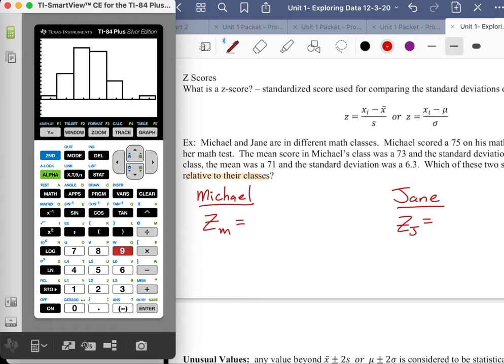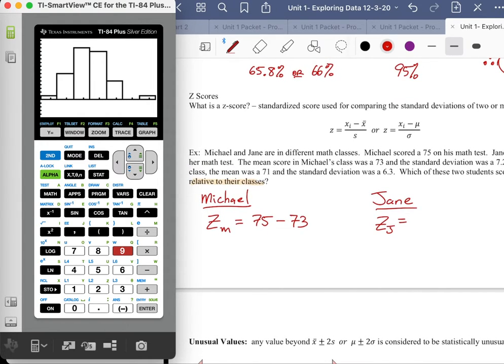So Michael's score was a 75. The mean was a 73. And his standard deviation was a 7.2, or his class's standard deviation. 73 for Jane, that's what she got. But her class average was a 71. And her class's standard deviation was a 6.3.